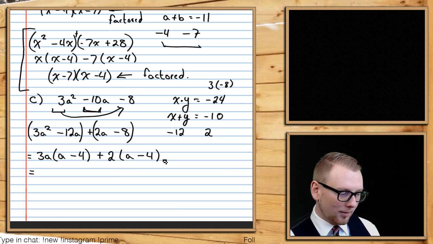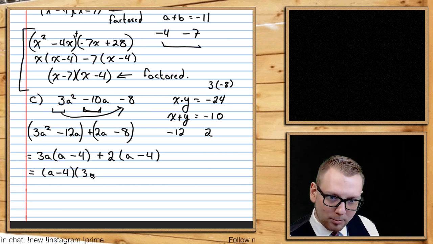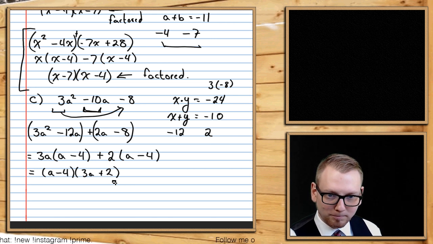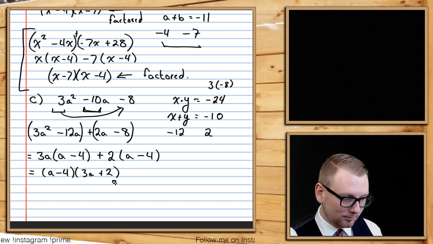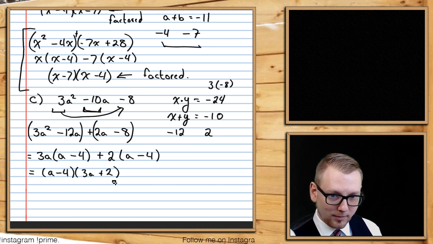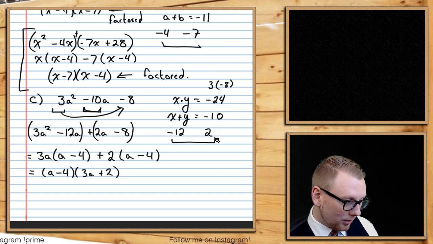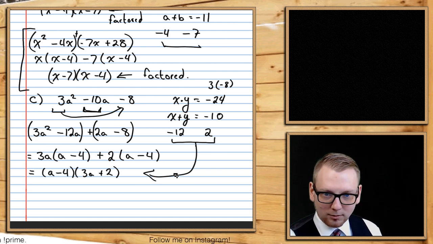Yeah, a minus 4 and 3a plus 2. That's exactly the answer. Now, the problem is, it's hard to go from minus 12 and 2 to 3a plus 2 and a minus 4.